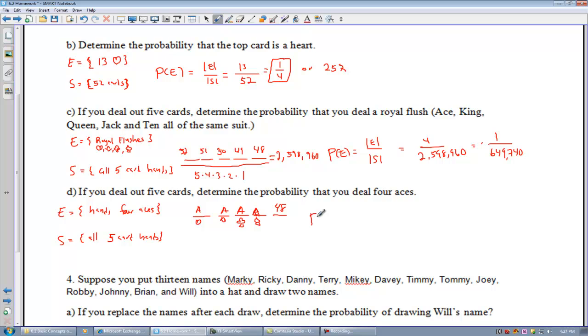And so the probability that E occurs is equal to the number of things in E divided by the number of things in S, and that's equal to 48 divided by the number of things in S, which was above here, 2,598,960.